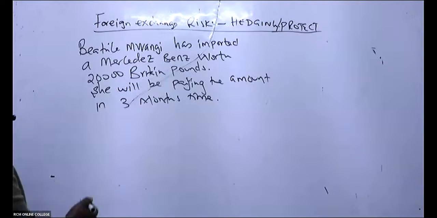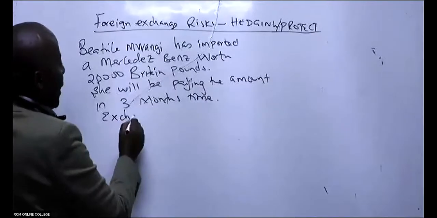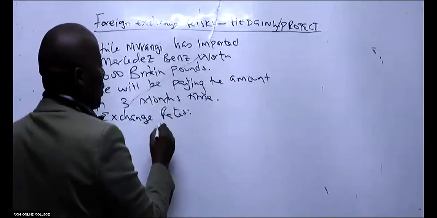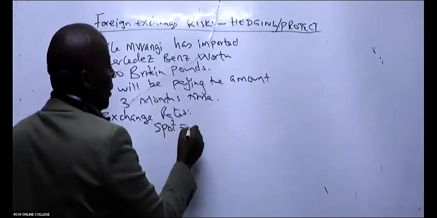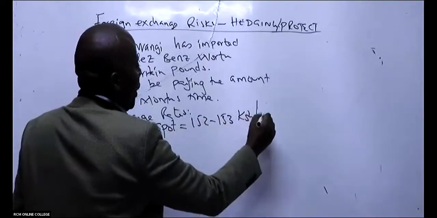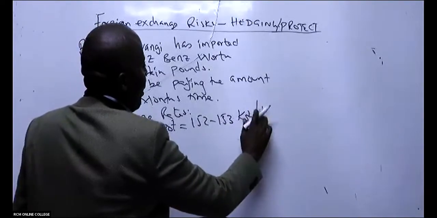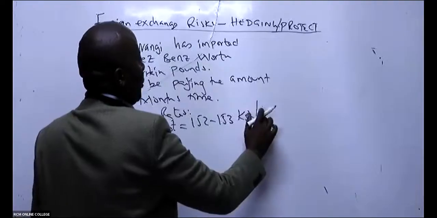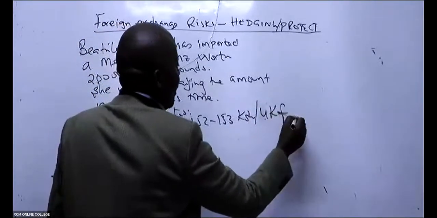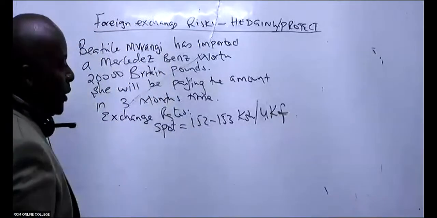So exchange rates given. We have spot. Spot in this case is 152 to 153 Kenya shillings per UK pound. That is the spot rate.